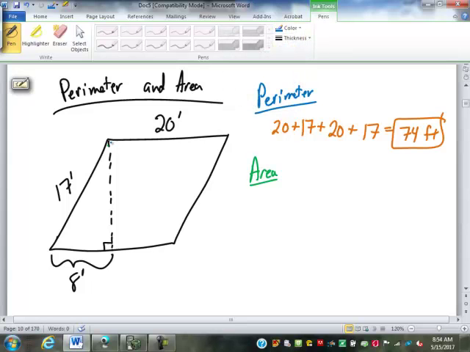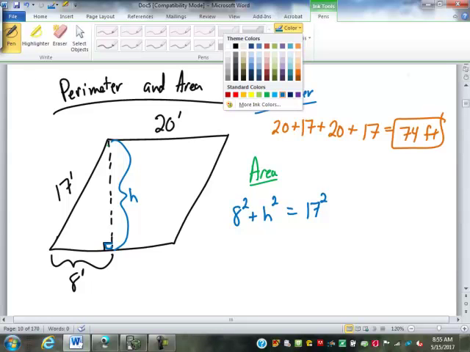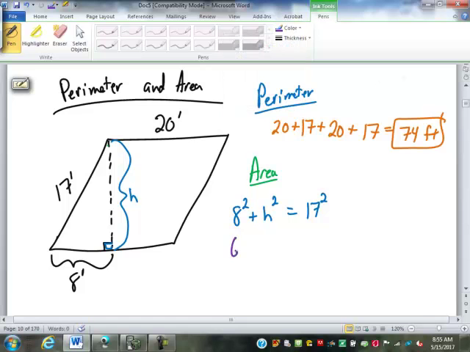So I have to find this height here. Now, fortunately, I have a right triangle here, so I can do it. If I call that h, I know that 8 squared plus h squared equals 17 squared. Then I just go through the process. 8 squared is 64.